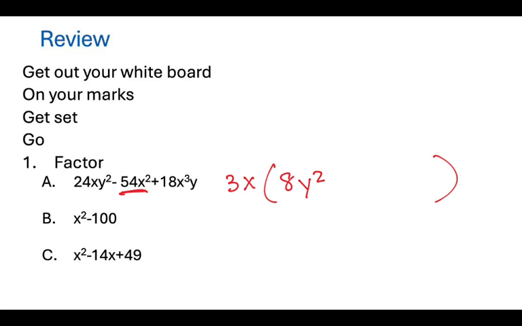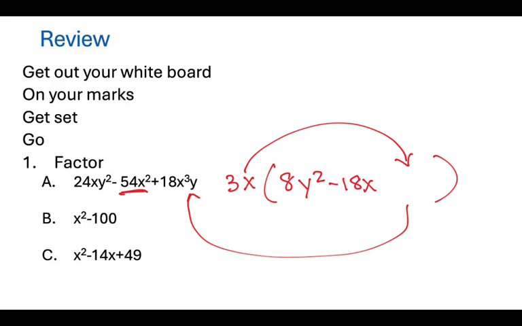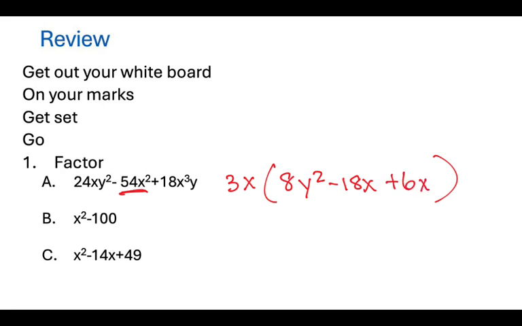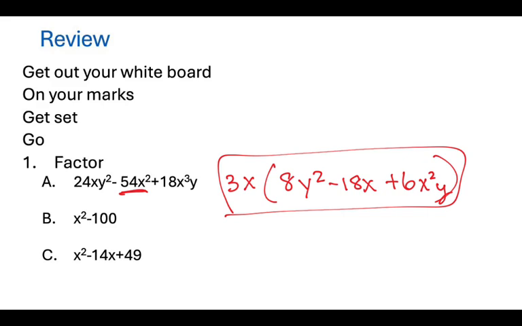And that will be negative 18x. What times 3x gives us the 18x cubed y, and that will be 6x squared y, and we are finished.